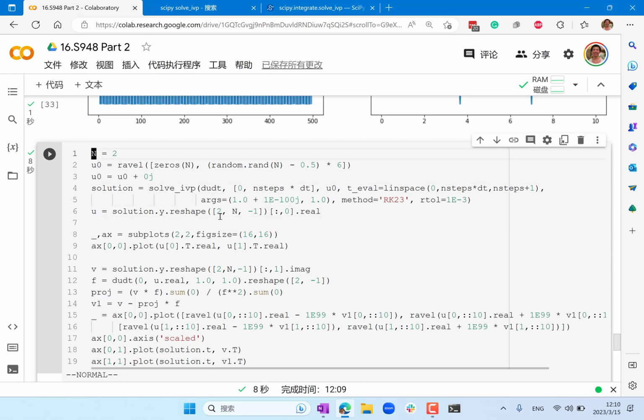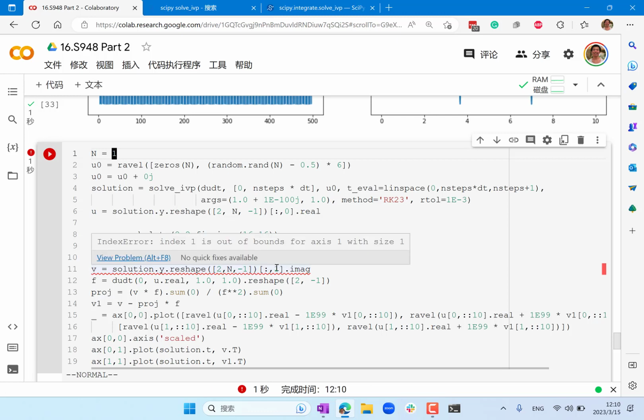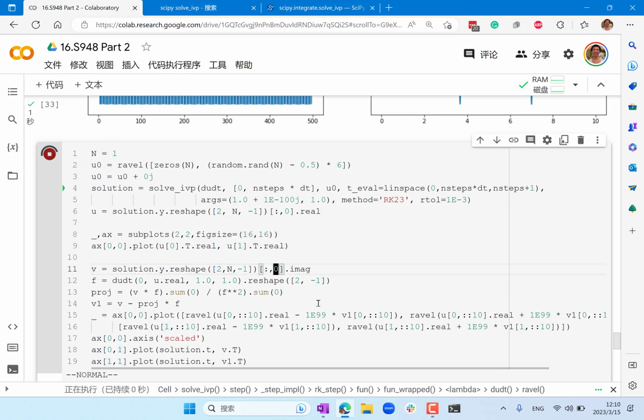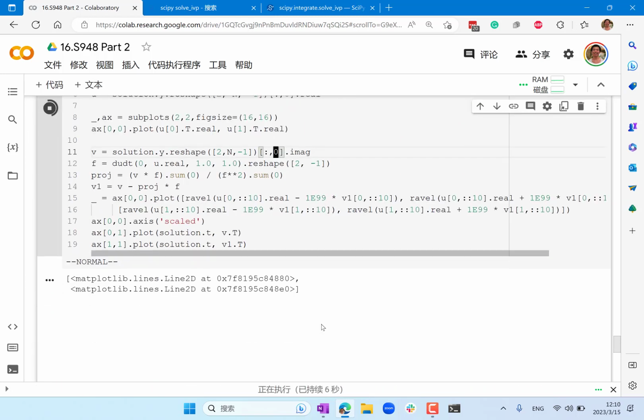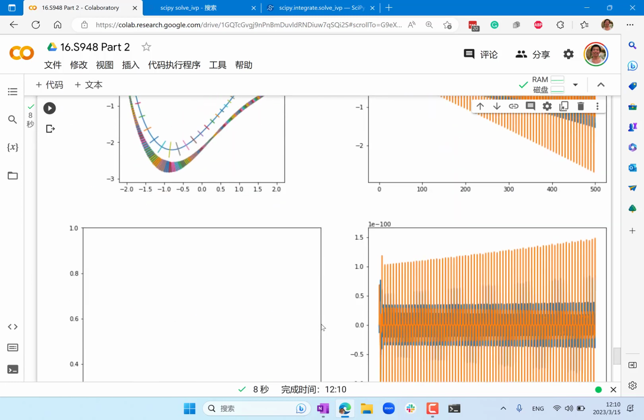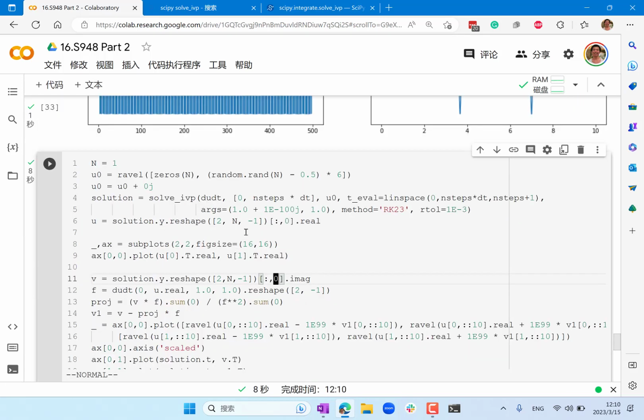If we just solve one equation, we should get, okay, take the first solution, the right thing. Yeah, if we solve one equation, we get the right thing. We solve two equations, somehow it's different.